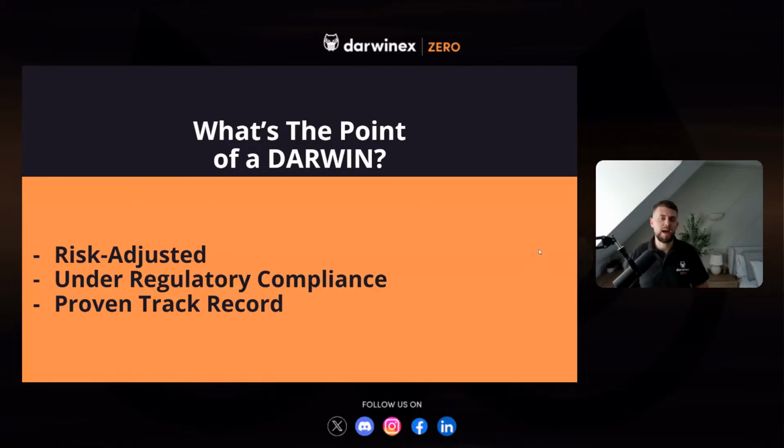Now, this is held at Darwinex level, so it goes under our asset management license, meaning that you can legally take investor capital because you don't take ownership, you don't access the funds, right? It's all held at Darwinex level. Now, your Darwin is risk adjusted to a value at risk of 6.5%, which we'll get into in a moment.